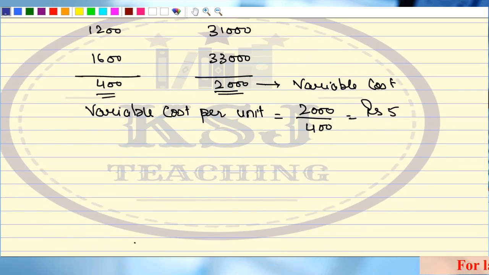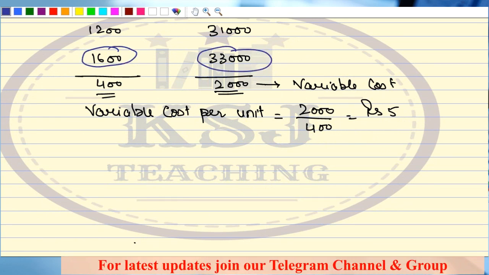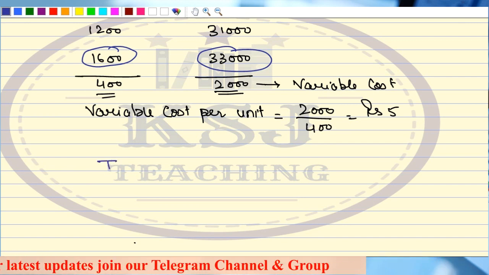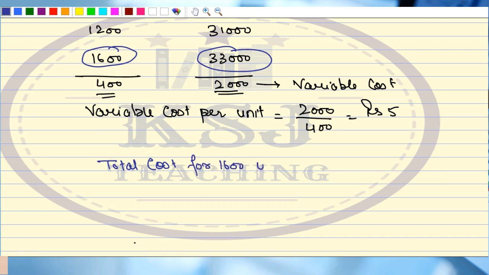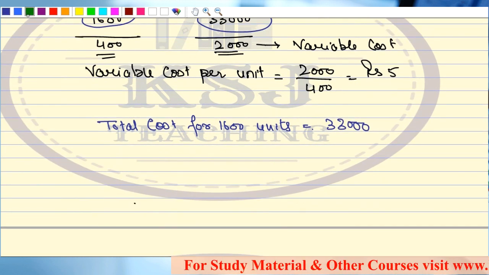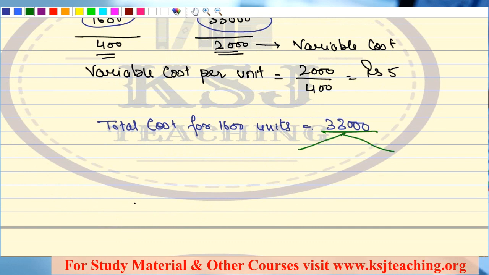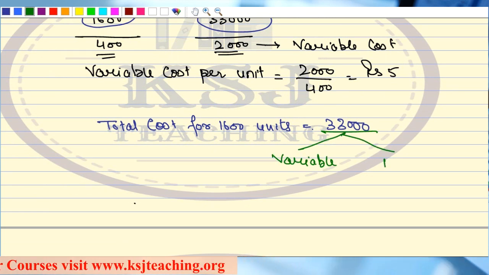Now let's consider this 1600 part. Total cost for 1600 units is 33,000. Now this 33,000 has some part as variable and some part as fixed.